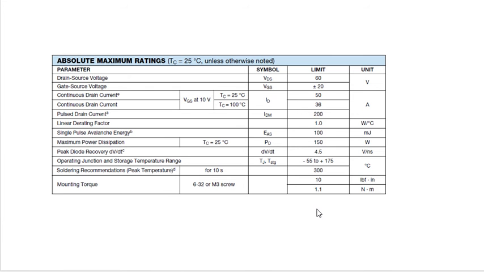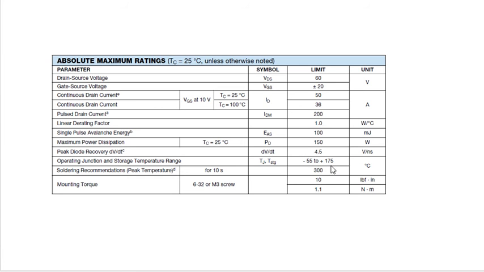Out of these, the important ones are: drain to source voltage, it is 60 volt; gate to source voltage, it is plus minus 20 volt; continuous drain current, it is 50 ampere at 25 degrees centigrade; and continuous drain current at 100 degrees centigrade is only 36 ampere.